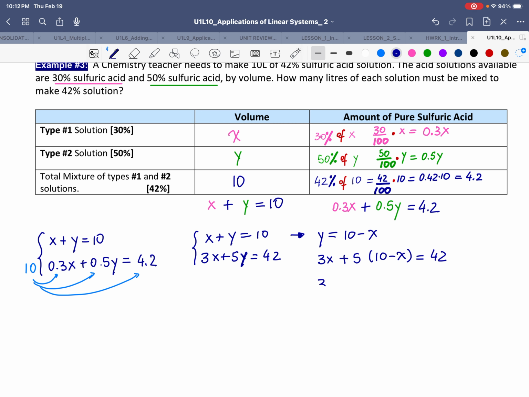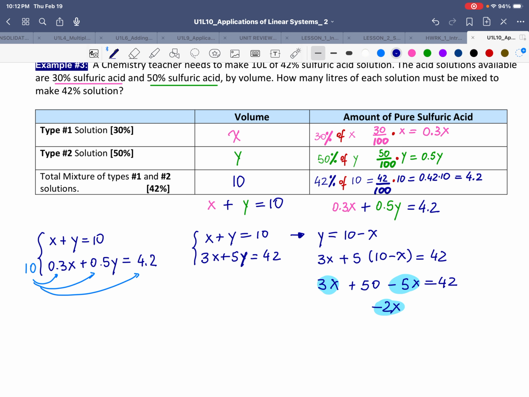We're going to solve this very simple linear equation together. So that would be 3x minus 5x is negative 2x.